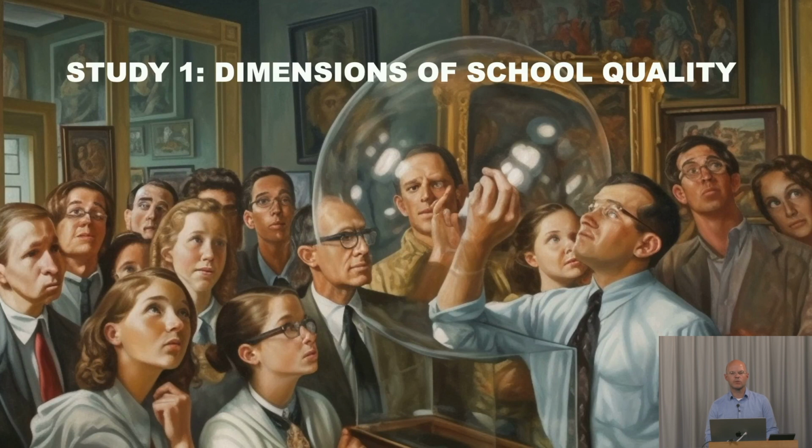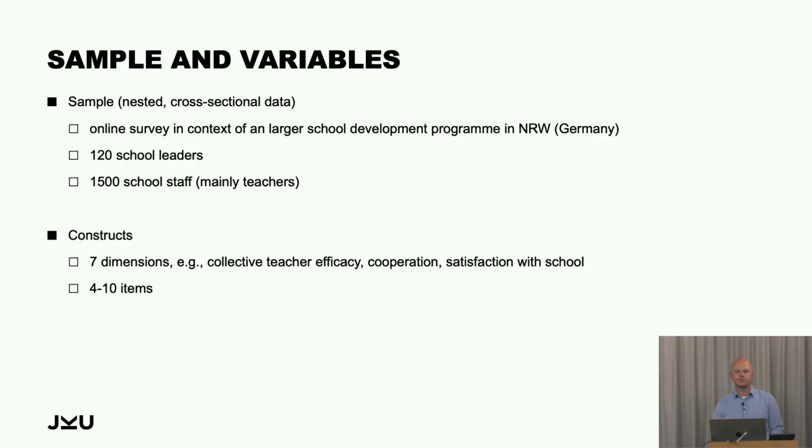I will start with the one that focused on the dimensions of school quality. Here is some information on the sample and variables collected. We collected cross-sectional data with a hierarchical structure by means of an online survey. This survey was part of a larger study on school development in Germany. 120 school leaders took part, and also about 1,500 school members, mainly teachers.